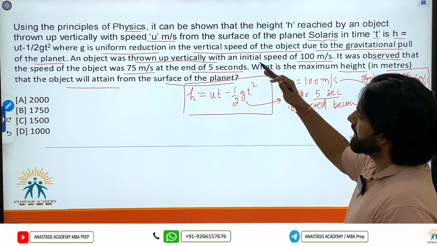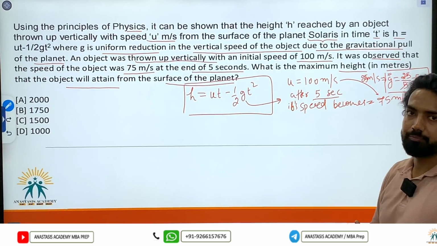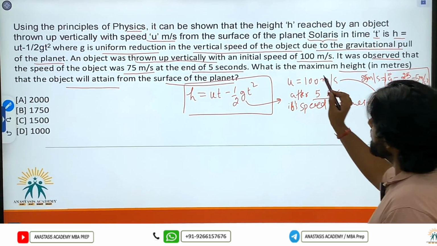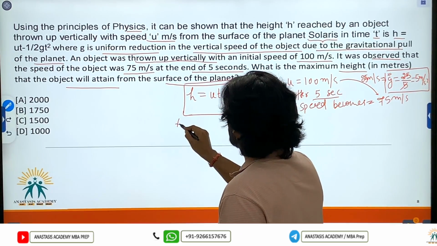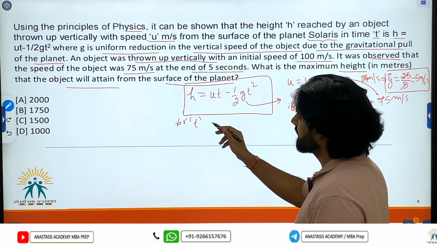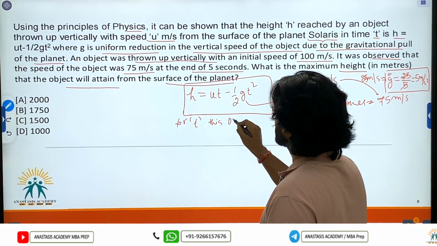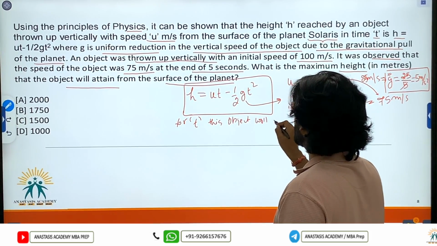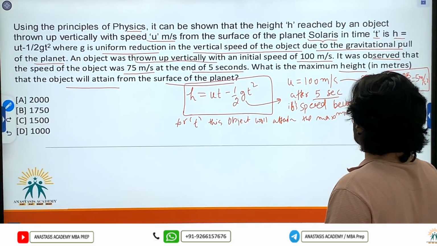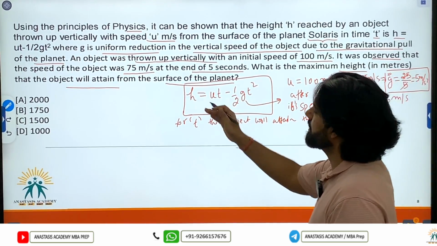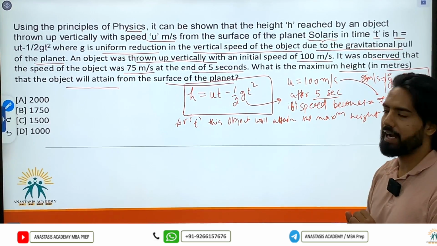We have to find the maximum height that this object can achieve. We have initial speed as u. I am assuming that for some time t, this object will attain the maximum height.